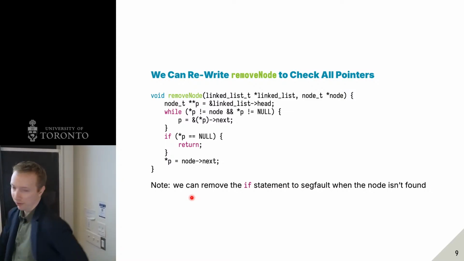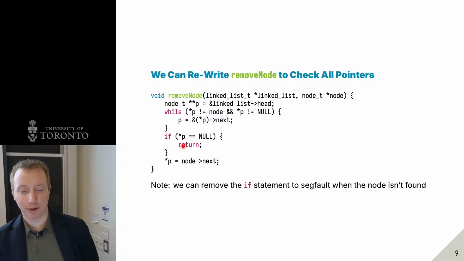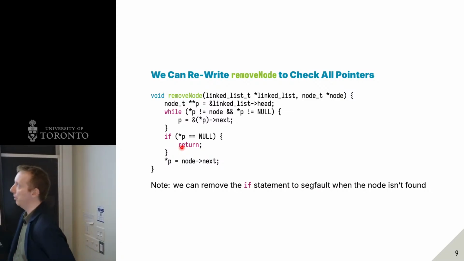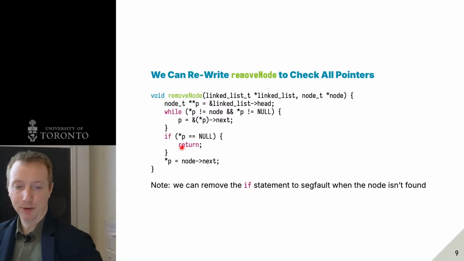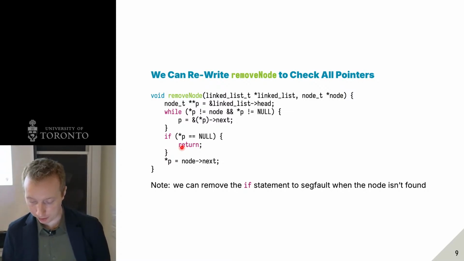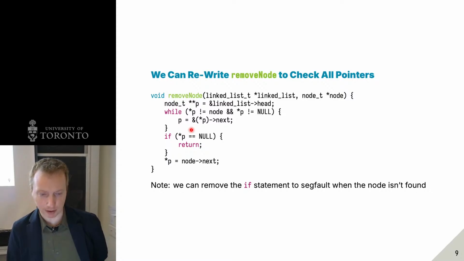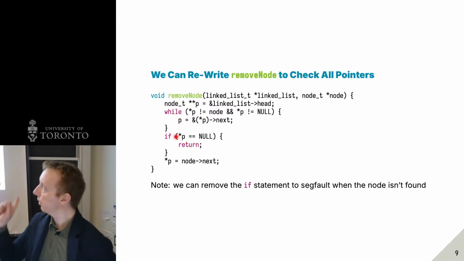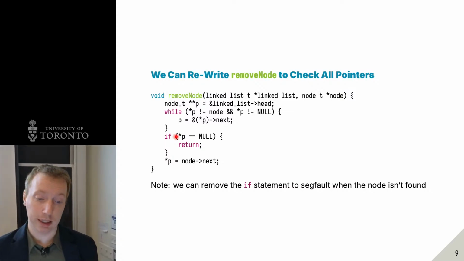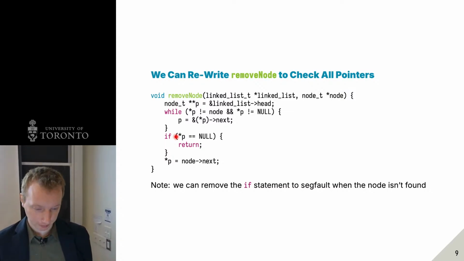If I just remove this if statement, then it will just segfault if the node isn't found. Sometimes you might figure that if you're trying to remove a node that's not in the list, that's invalid. Again, that is up to you, but we could make this even smaller. If we want to protect against segfault, we need to do something like that to make sure that it's actually in our list if we're removing it.